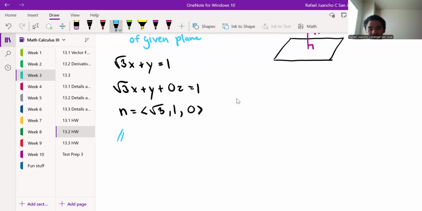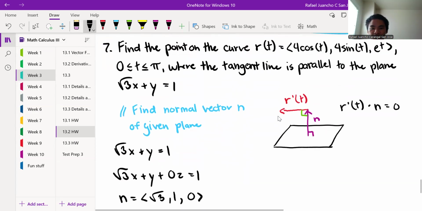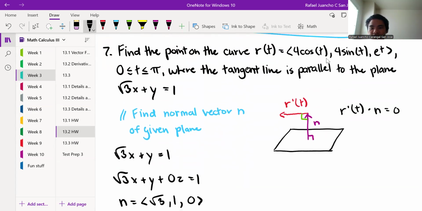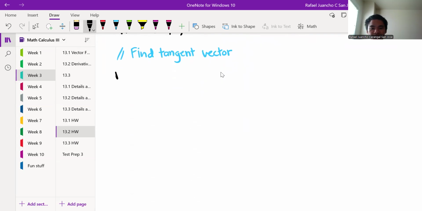Now what do we need to do? Well, we need to find the tangent vector. To get the tangent vector, we just take the derivative of our position vector here. So we need r prime of t.